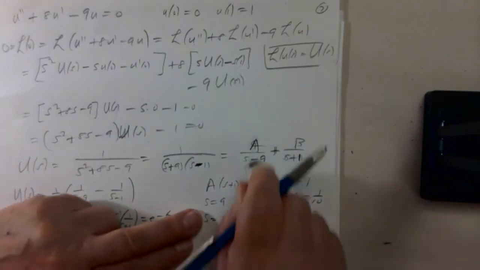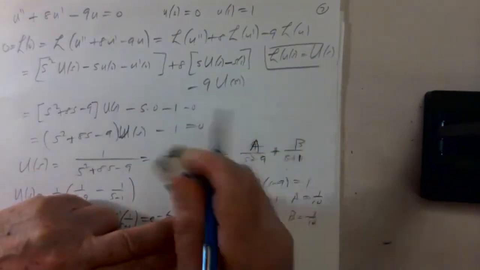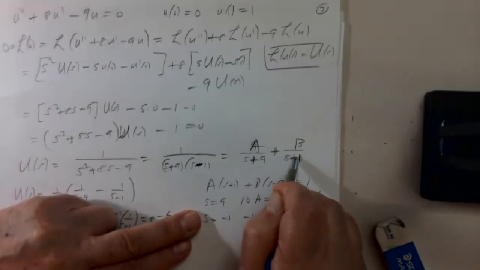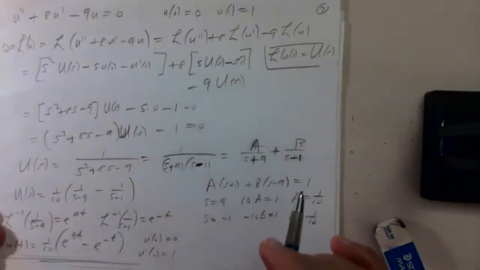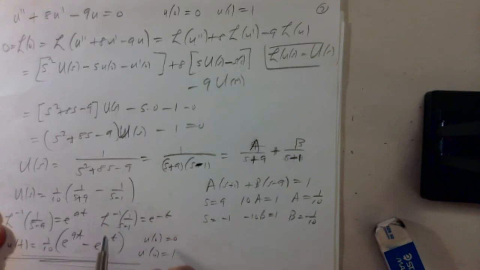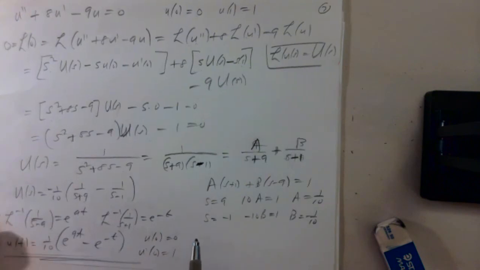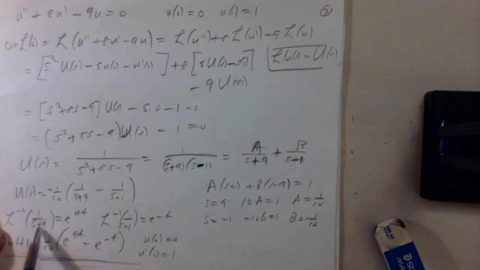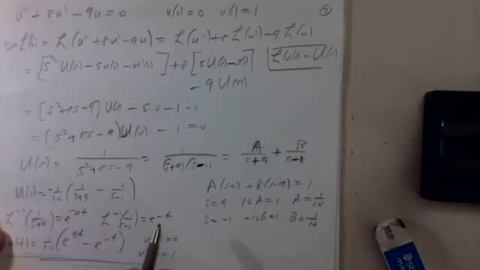This is s plus 9, s minus 1. So this is plus and minus. This would have been minus a tenth. So the Laplace transform of s plus 9 is this is minus 9t.